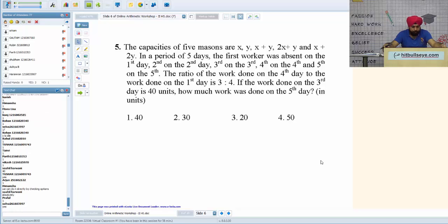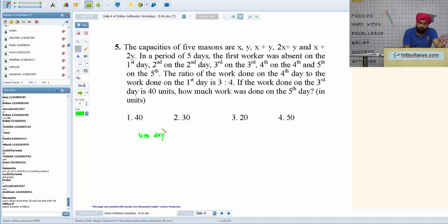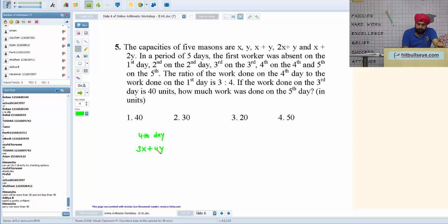But then let's see. Now here, students, it says ratio of the work done on day 4. On the 4th day we know the 4th person doesn't work. So if you add x, y, x plus y and x plus 2y, it becomes 3x plus 4y. Similarly, day 1, first day, first person does not work.